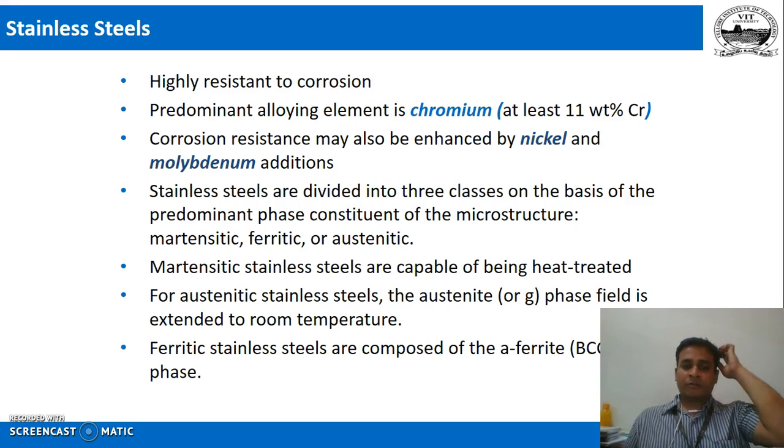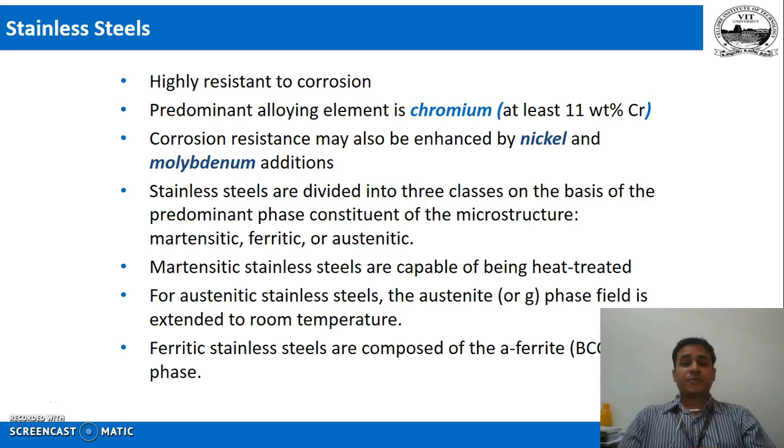Whereas in ferritic stainless steels, if you see the phase diagram, you will be having more of ferrite. The austenite region, whatever you see in the normal iron carbon phase diagram, will be very small in size. That means even at elevated temperatures, instead of austenite you will be having more of ferrite.